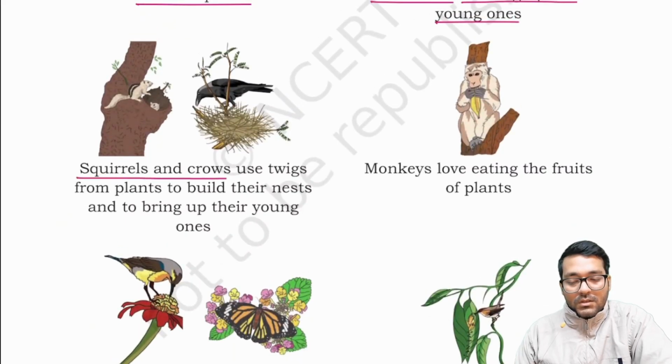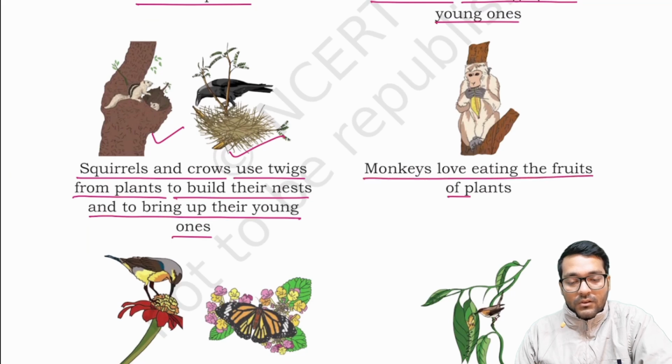Squirrels and crows use twigs from plants to build their nests and to bring up their young ones. Monkeys love eating the fruits of plants.